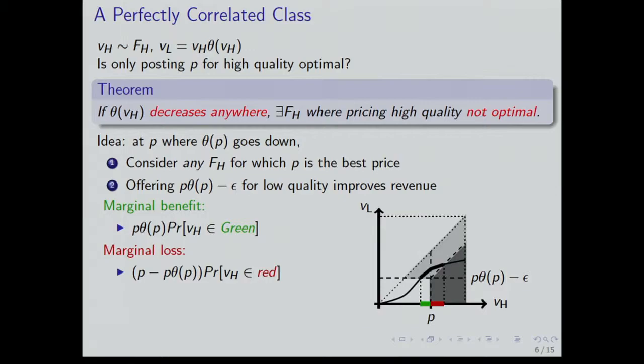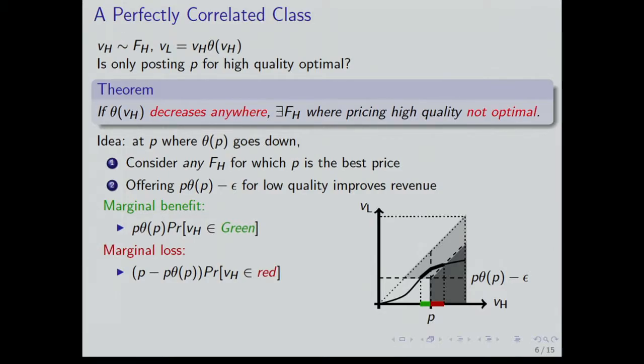So this is the gain from this change, from that set. So it is how much they pay times what is the probability that they show up. There is, on the other hand, a loss, which is that some types would have paid P, now they're paying this less, the discounted price. This is the expected change in revenue from them, which is what is the change in their payment times the probability that they show up.